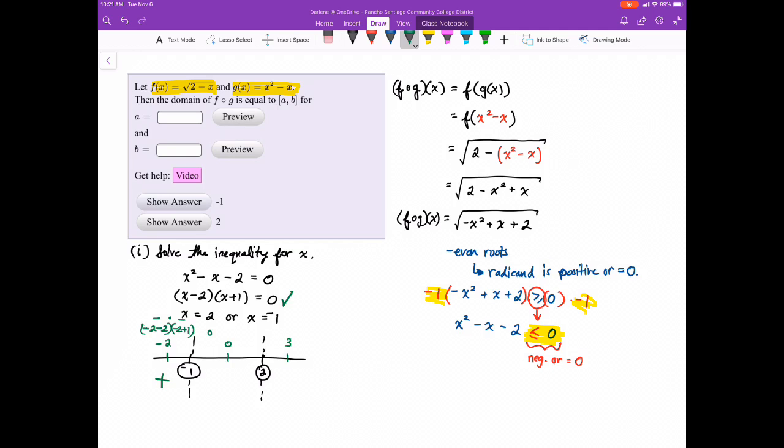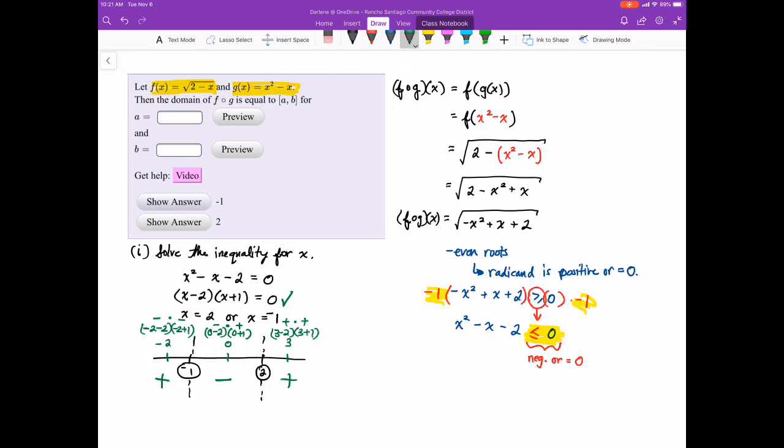If I plugged in 0, I would get 0 minus 2 times 0 plus 1, and 0 minus 2 is a negative number, and 0 plus 1 is a positive number. And a negative times a positive is a negative number. Here, if I take the test value 3, I would get 3 minus 2 times 3 plus 1, which is a positive times a positive, which results in a positive number.